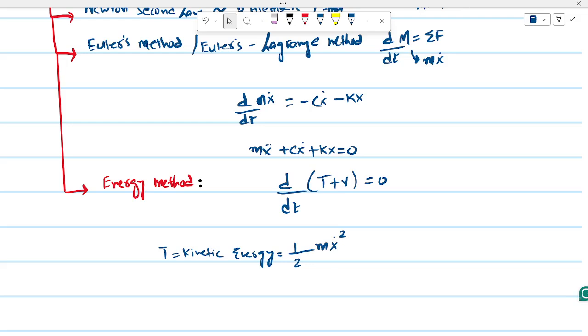The potential energy corresponds to the spring or the stiffness of the system, which is responsible for storing potential energy, and equals half k x squared.